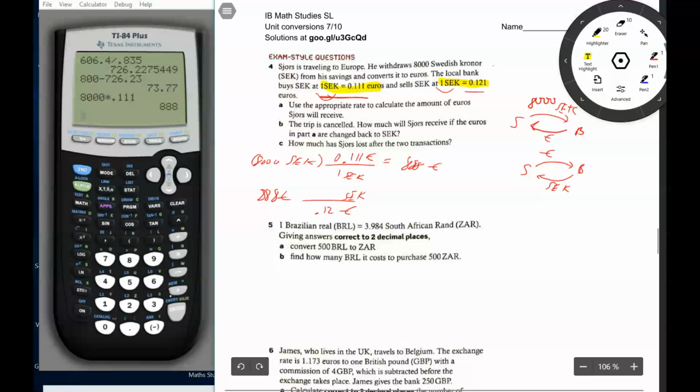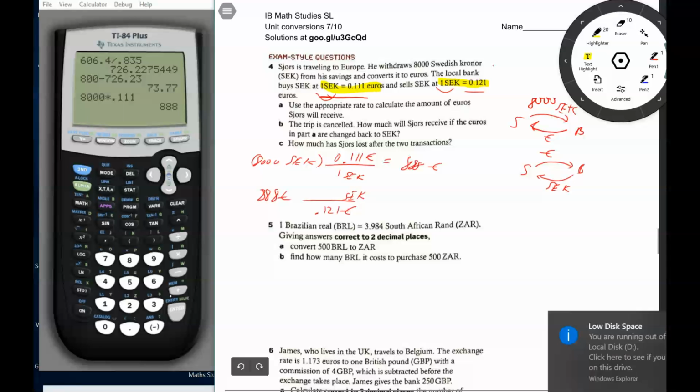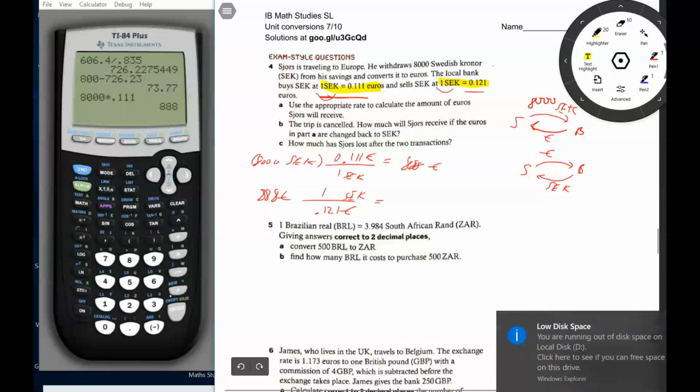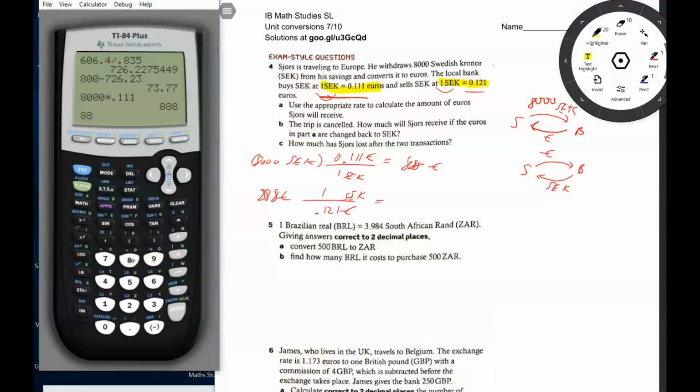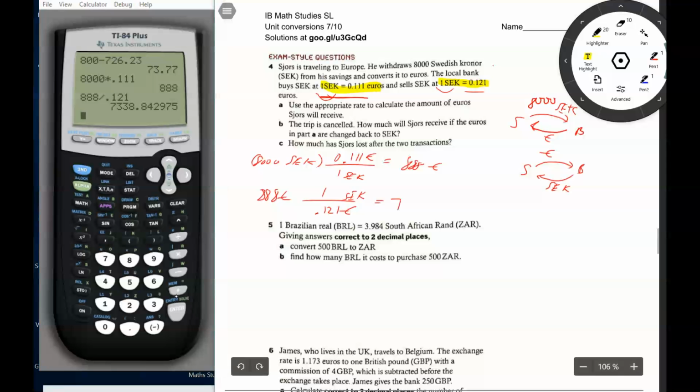euros. And SEK is going to be 1. So I'm going to do 888, and I'm going to divide by 0.121. And I get 7,338.84.